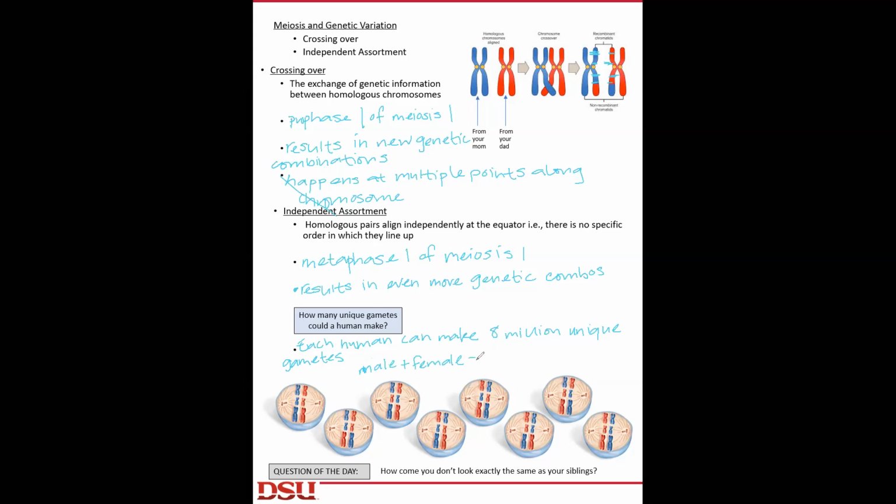Well, what you end up with between just one couple is the potential to create 64 trillion unique offspring. Guys, this is insane, okay?